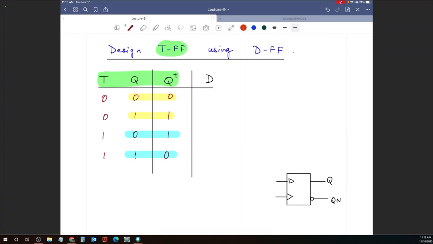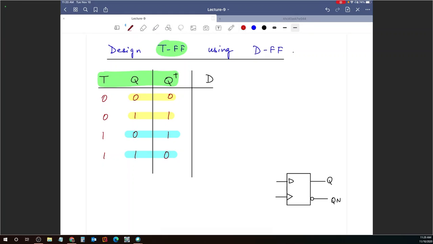All right. So that's step 1, essentially. Step 1, we have finished for this problem. We have completed writing the next state table for the desired flip-flop, which is the toggle flip-flop in this case. Next, step 2 is to write D using the excitation table of the given flip-flop.